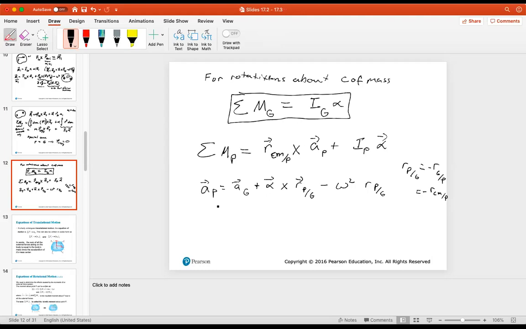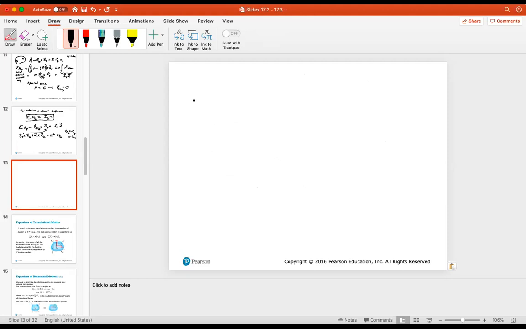Okay, and taking this and plugging in here, taking the cross product again, I get the following. I'll leave that as an exercise. You can take this, plug it into here, and using the triple cross product, you're going to get the following here.